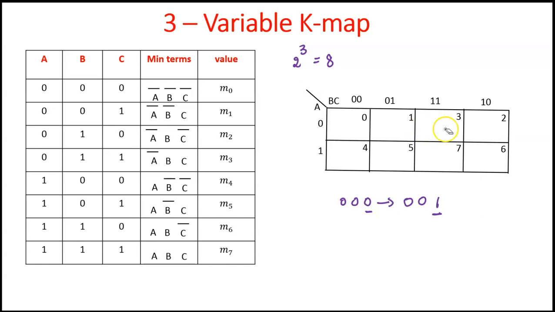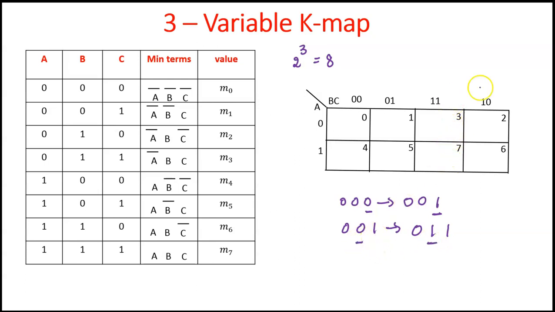The adjacent cells change one bit at a time. So if you see 0 and 1, only one bit is changing. Similarly, minterms 1 and 3 are 0 0 1 and 0 1 1, so here also one bit is changing at a time.